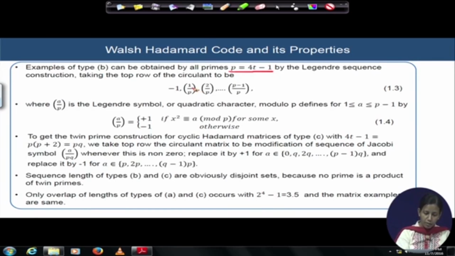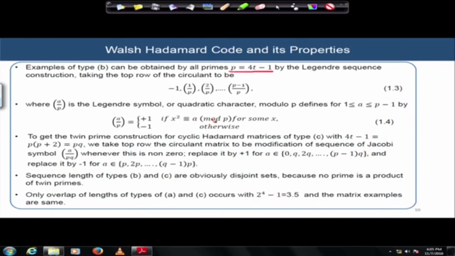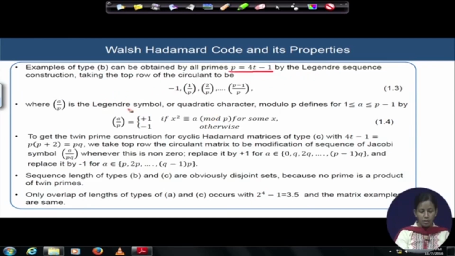Each Legendre symbol, or quadratic character modulo p, is defined for a belonging to 1 to p minus 1 by this relation, where each Legendre symbol should be either plus 1 or minus 1. It is plus 1 if the quadratic character, a modulo p, is equal to the value obtained by x squared modulo p for some x. You start by taking the top row to be the Legendre sequence and then start the generation.